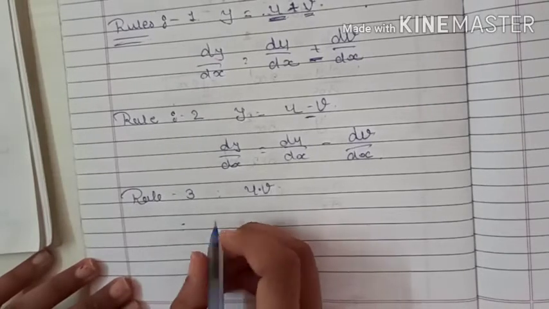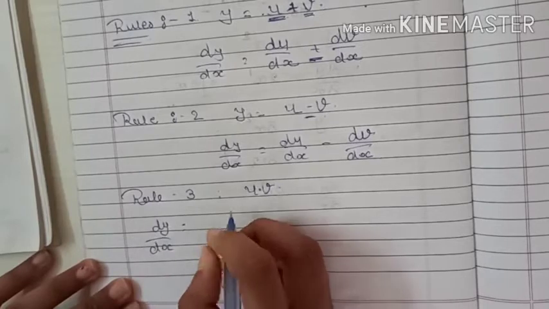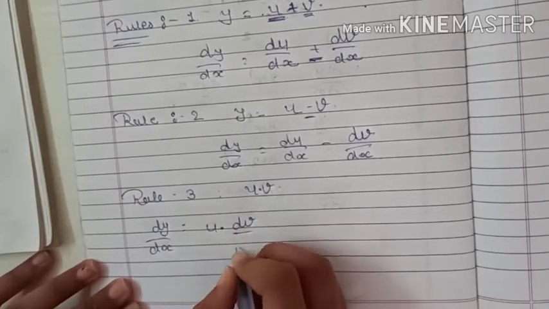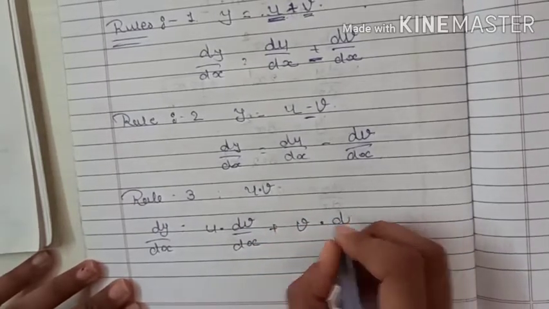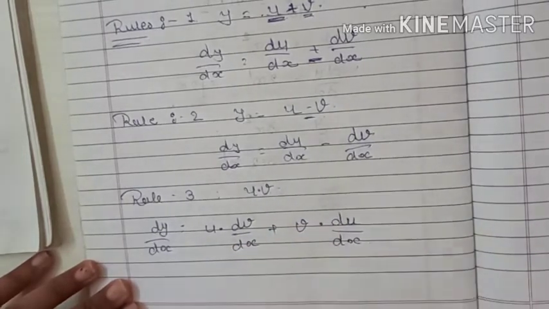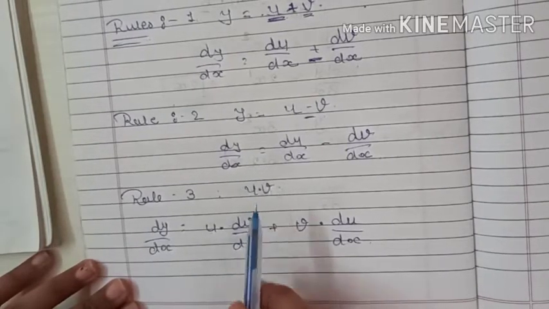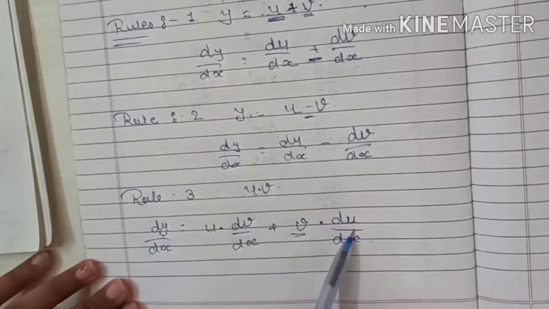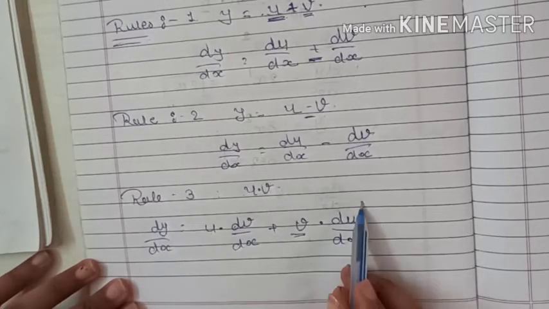Then the rule will be dy by dx is equal to u into dv upon dx plus v into du upon dx. Here u is there, so the differentiation of v is multiplied with it, and here v is there, and the differentiation of u will be multiplied. So u into dv upon dx plus v into du upon dx.